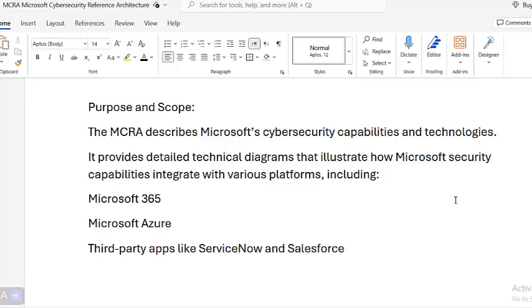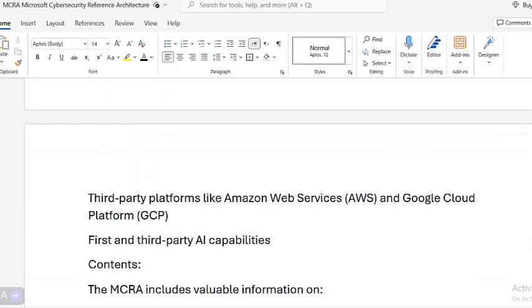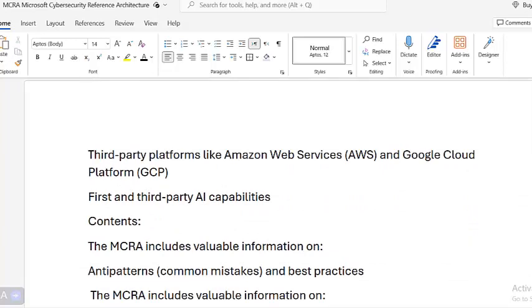It provides detailed technical diagrams that illustrate how Microsoft security capabilities integrate with various platforms, including Microsoft 365, Microsoft Azure, third-party apps like ServiceNow and Salesforce, third-party platforms like Amazon Web Services, AWS, and Google Cloud Platform, GCP. Sorry, first and third-party AI capabilities.